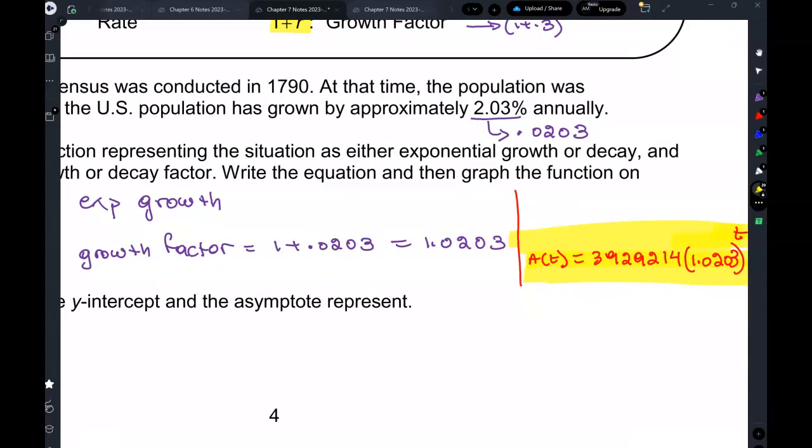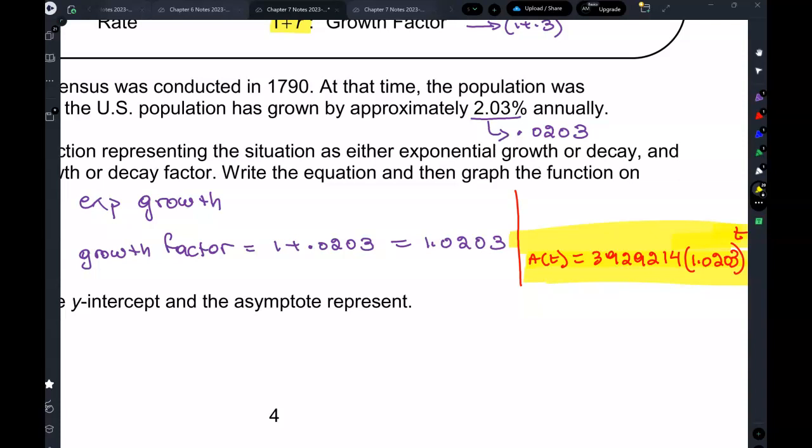So, look at this. It says to write the equation. An equation, wait, let's wait to graph because this is important. An equation has to have two variables at least, an x and a y, right? So you have to label this A of t, to the power of t. That t in your equation has to remain as the variable t, right?